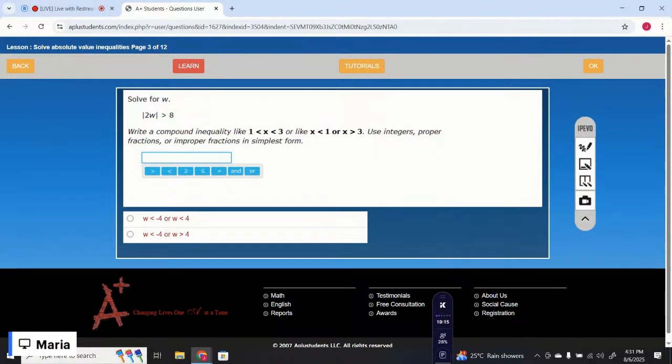Solve for W. That is, option number 1 is the correct option.